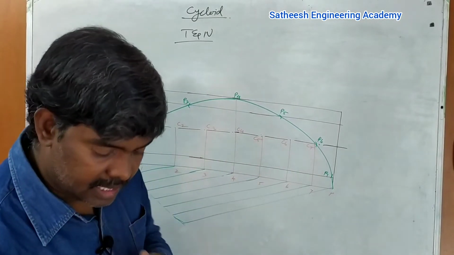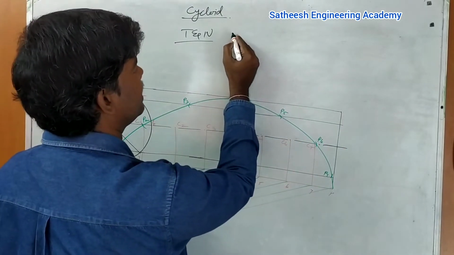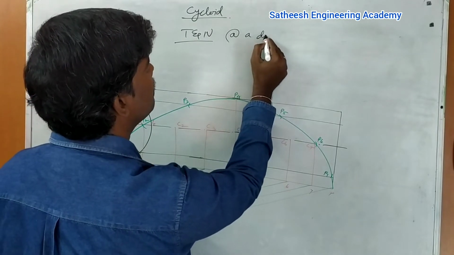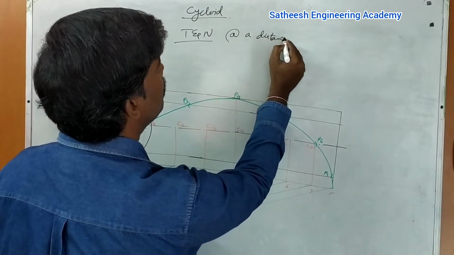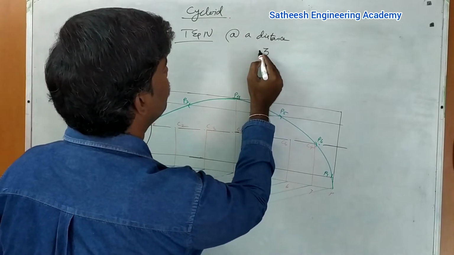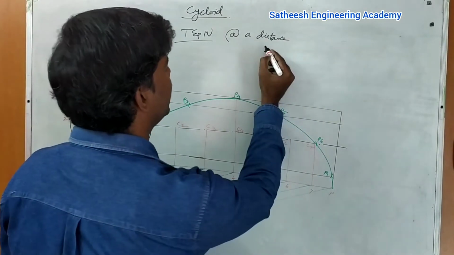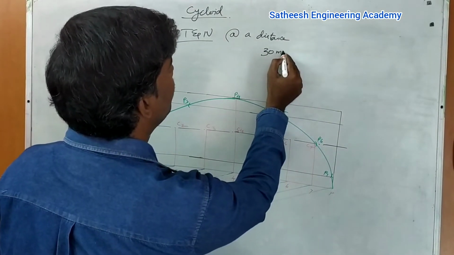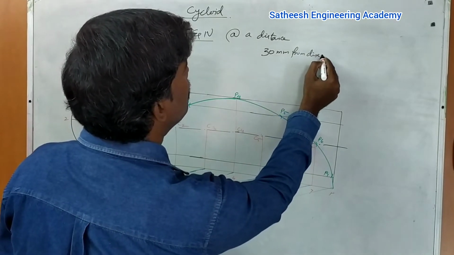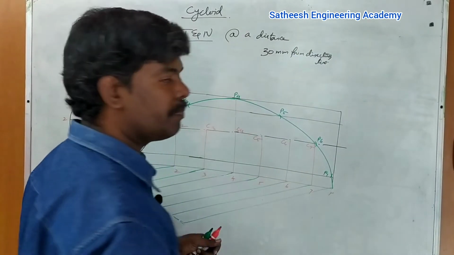For the first one, draw a tangent and normal at a distance, for example 30 mm, from the directing line.